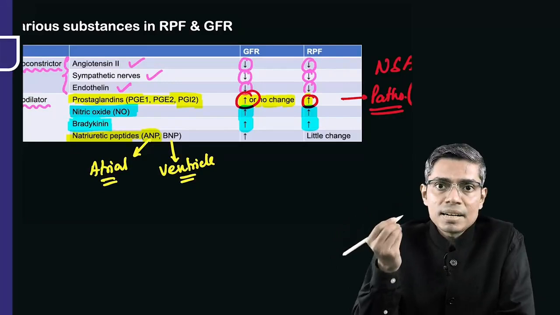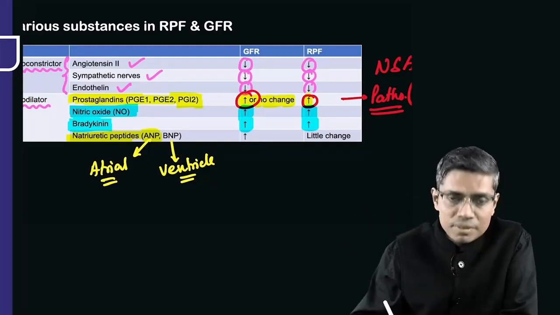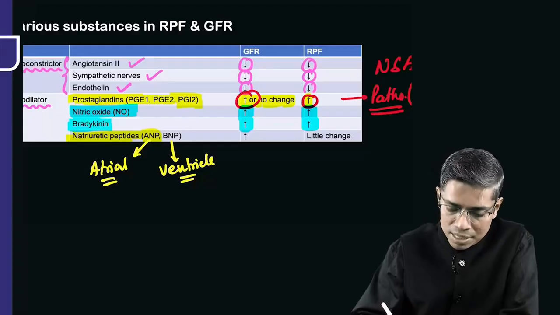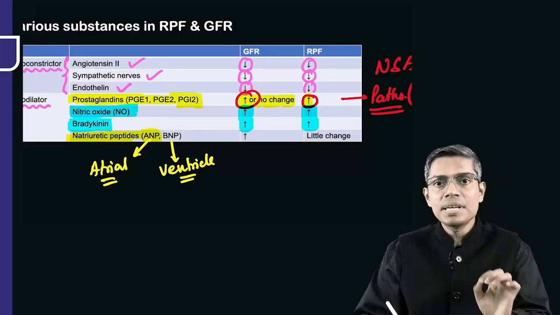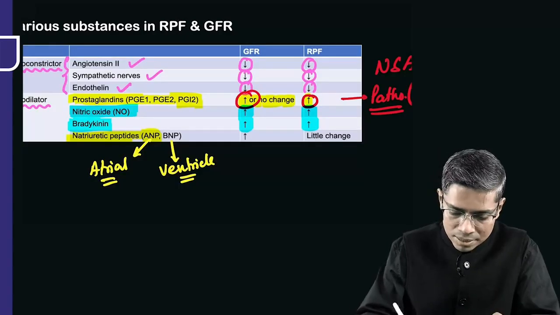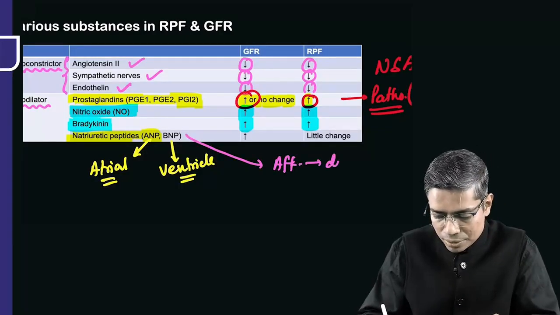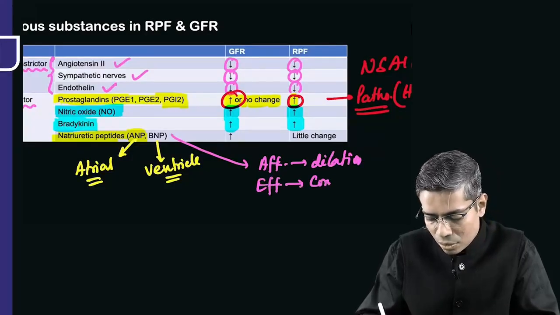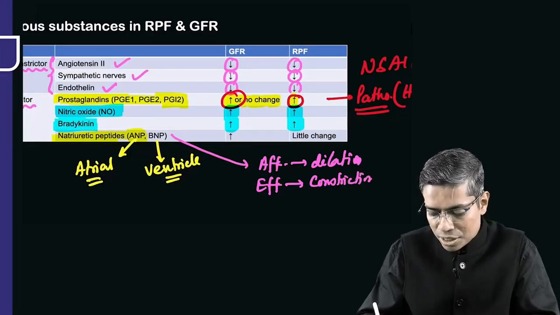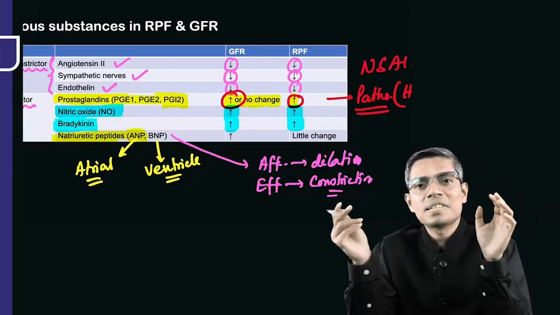Both of them have similar kinds of functions. What are the functions? Vasodilator action. Because of the vasodilation, it causes increase in GFR, but there is a catch here. ANP and BNP cause vasodilation particularly of the afferent arteriole. So the afferent arteriole will be dilated and the efferent arteriole will get a little constricted. So what is the net effect?